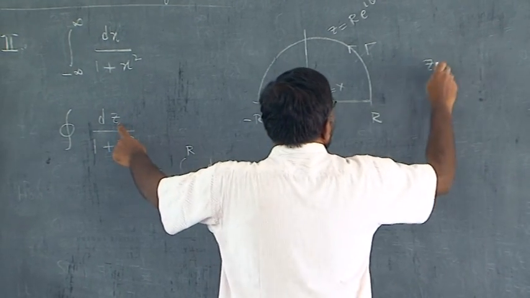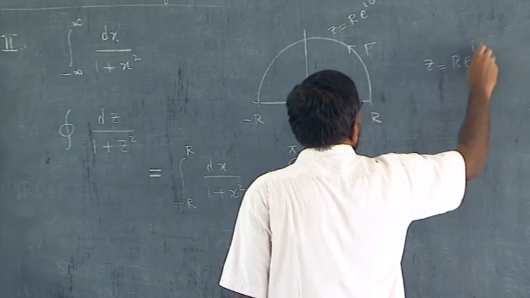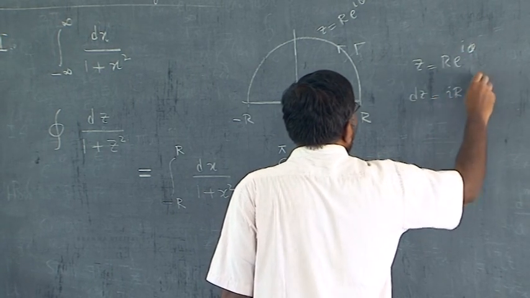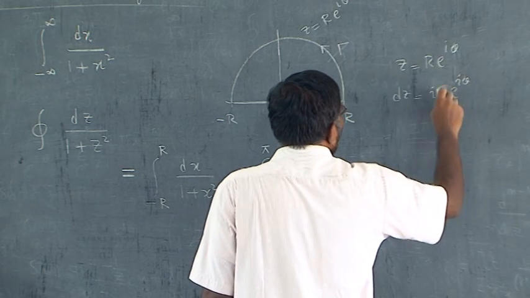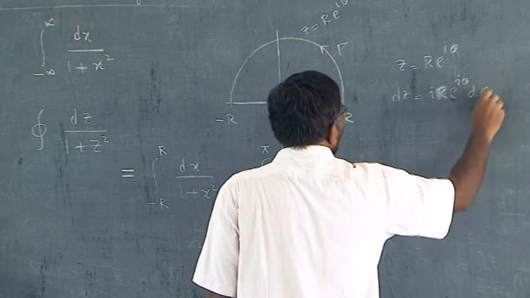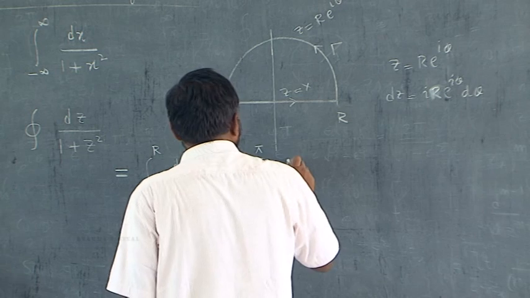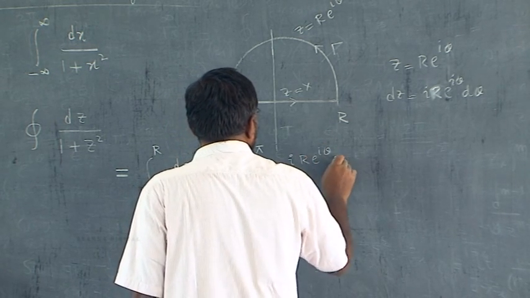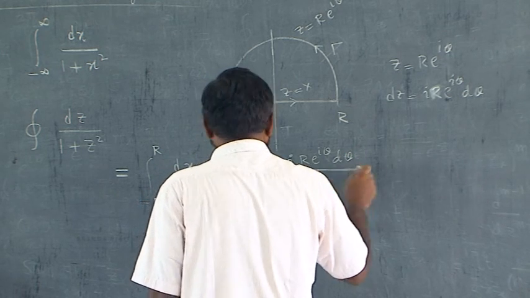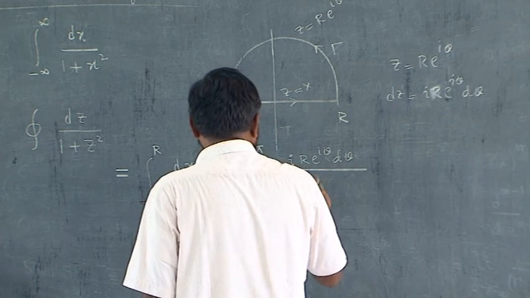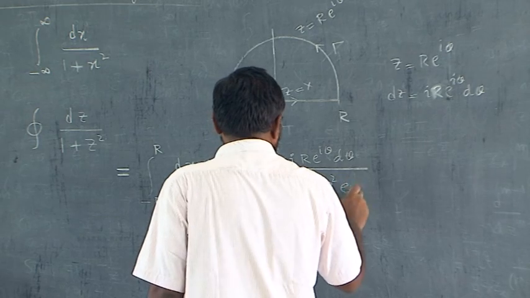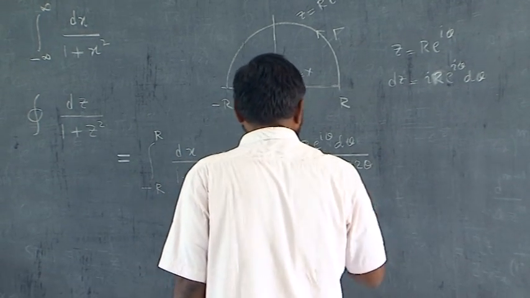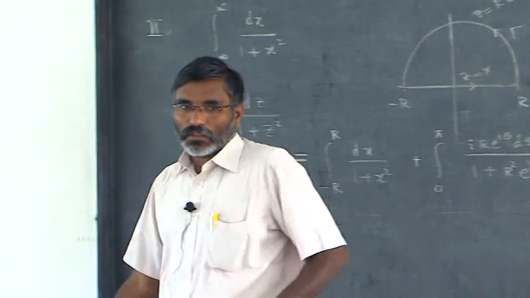Since z is equal to r into e power I theta, dz is equal to I r into e power I theta d theta. So I have I r e power I theta d theta, that is dz, divided by 1 plus r square e power I 2 theta.